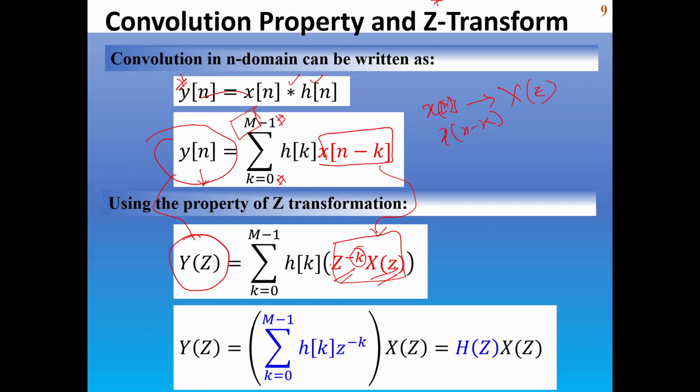Again, this equation can be written this way. This part shown in blue color is nothing but the transfer function H of z. So it is proven that the Z transform of output is equal to the product of the Z transform of impulse response, or transfer function, and the Z transform of input.